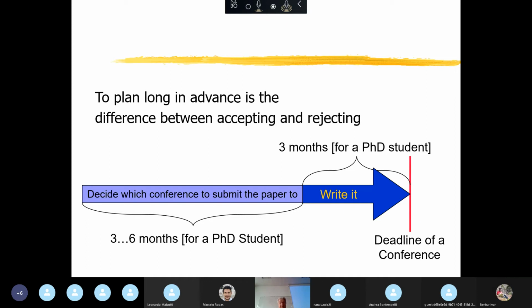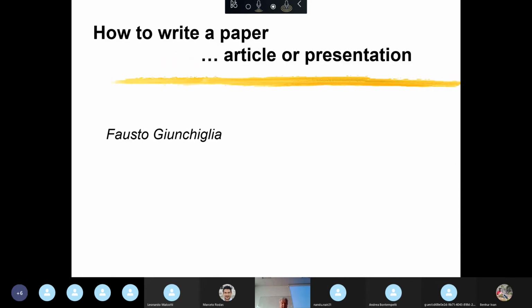But for sure, for all of you who do the qualifying, you should start writing the qualifying 3 months before. Okay, this is to say that it takes time. Then of course, the more experience you gain, the faster you go, etc. But this is a very tough skill to learn.